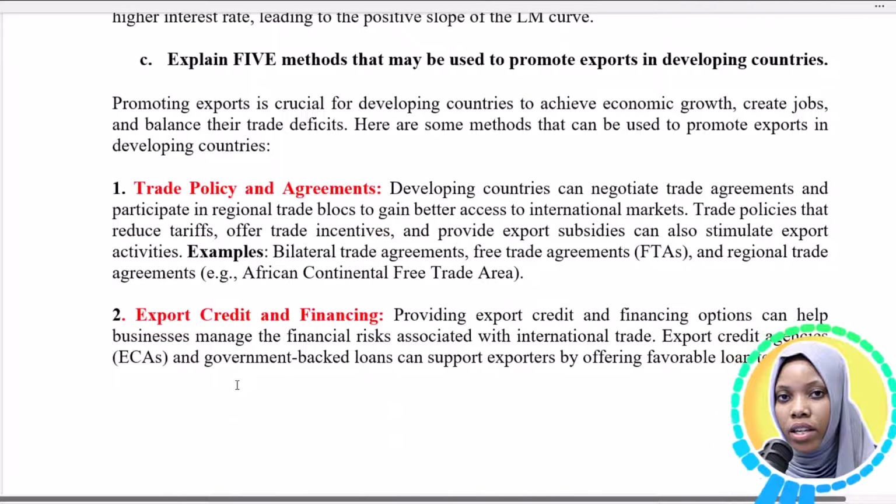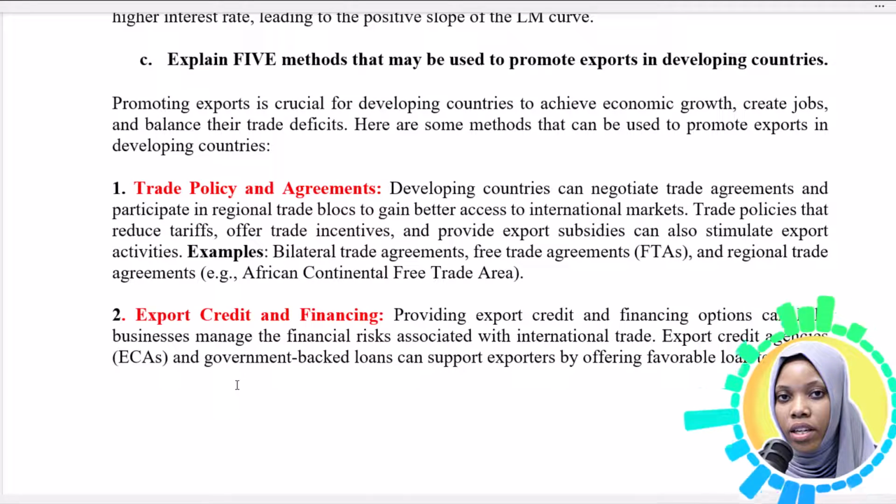They can promote their exports through trade policy and agreements. It says developing countries can negotiate trade agreements and participate in regional trade blocs to gain better access to international markets.